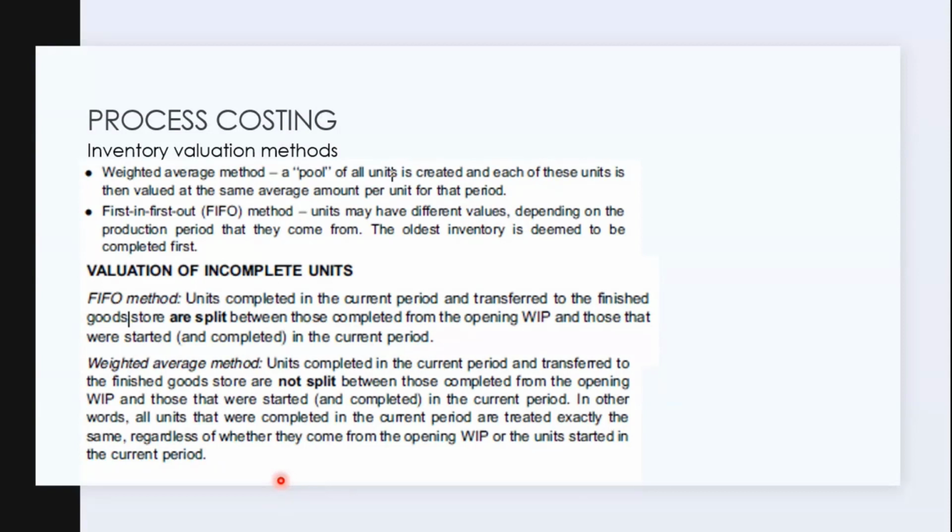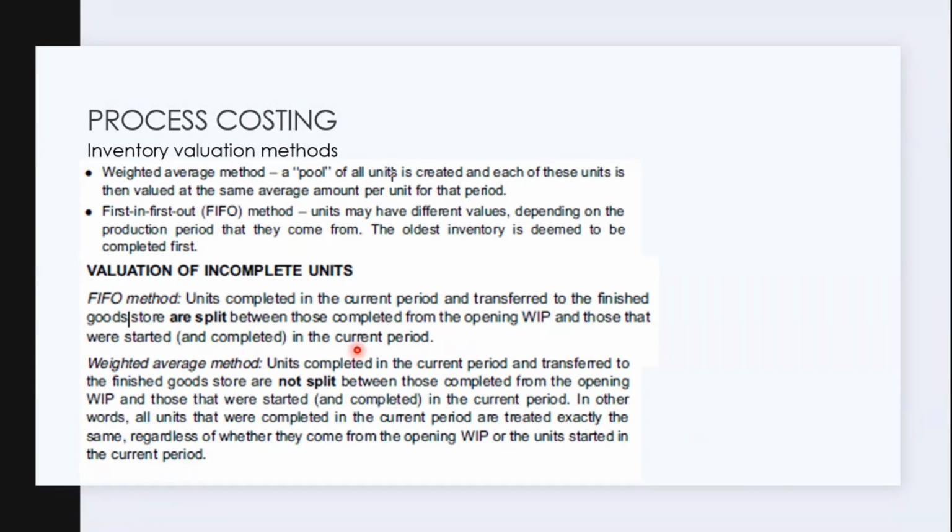So how do we value incomplete units? Under first in, first out, you split them between opening WIP and those that started in the current period. Very important that you know. When it comes to units that have been completed and transferred, you need to split them between what's in opening WIP and those coming from the current period. Under weighted average, all are treated as if they're coming from the WIP.